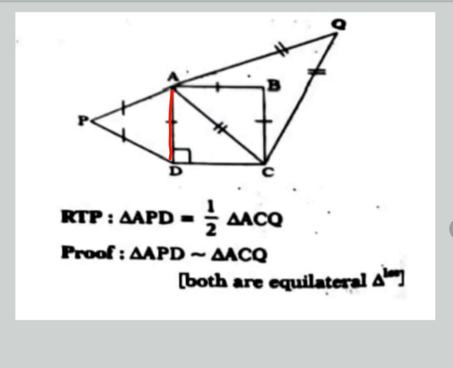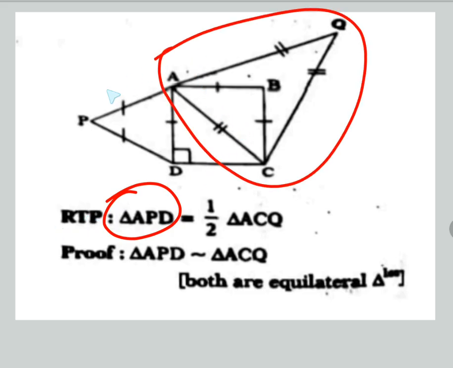ABCD is a square. If a side is 1, the diagonal is root 2. We need to prove that the area of APD is equal to 1 by 2 of the area of ACQ, half of this area. So we need to prove that triangle APD and triangle ACQ are similar with respect to angle.